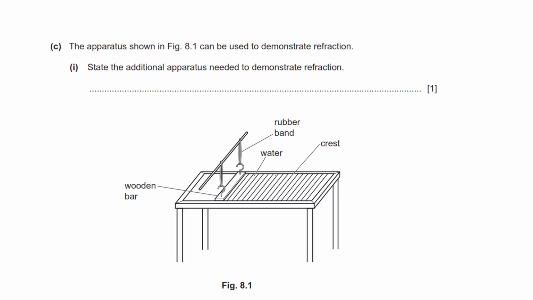If you add a glass slab of certain thickness inside the water, that will create two regions, one deep region and one shallow region, and the refraction will appear. Use a glass slab, or a transparent plastic slab. It's up to you.